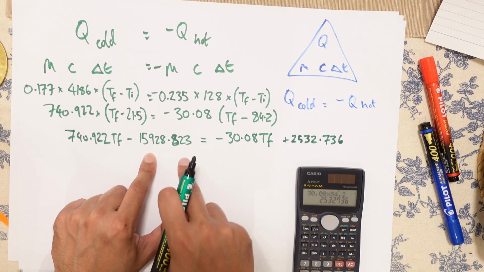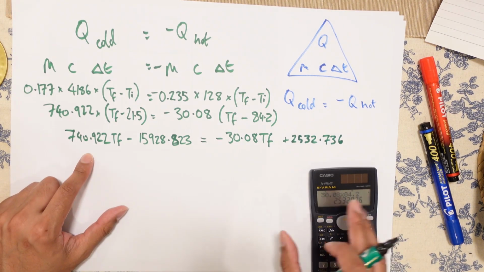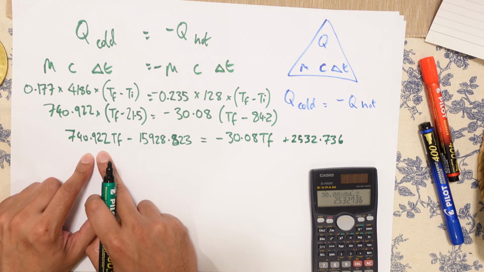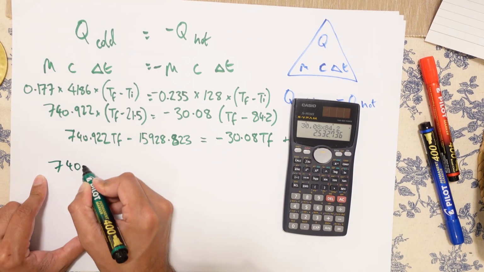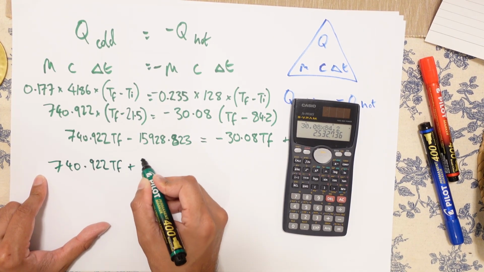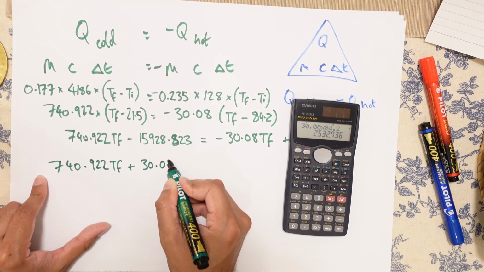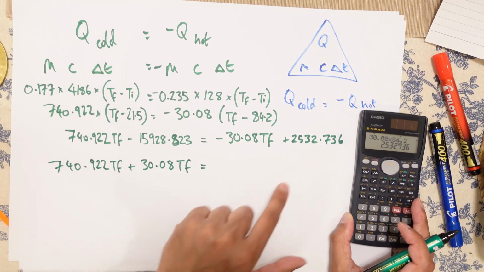So what we've then got to do is put the Tfs on one side and then these numbers together as well. Right, so let's put this onto this side. So we have 740.922 Tf plus 30.08 Tf. And I'm going to take this onto the other side.